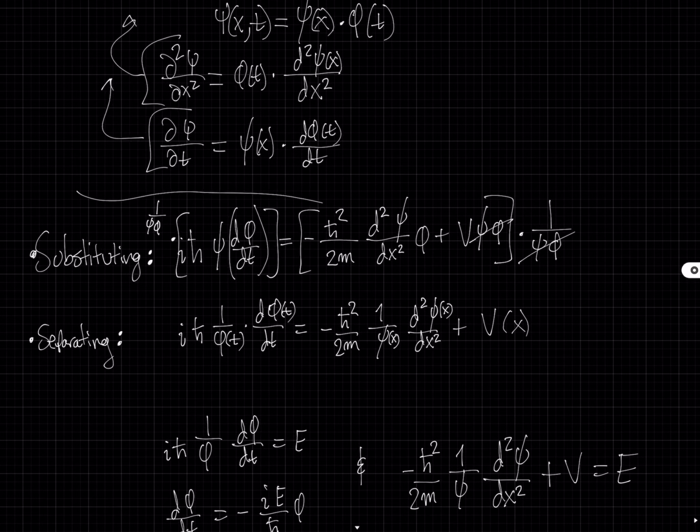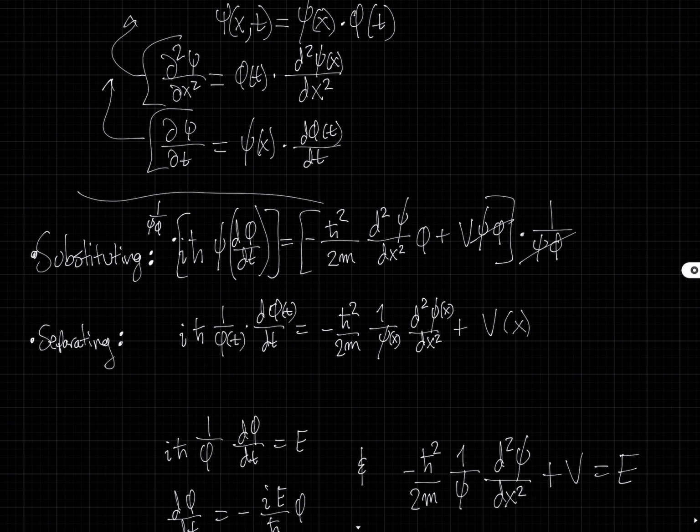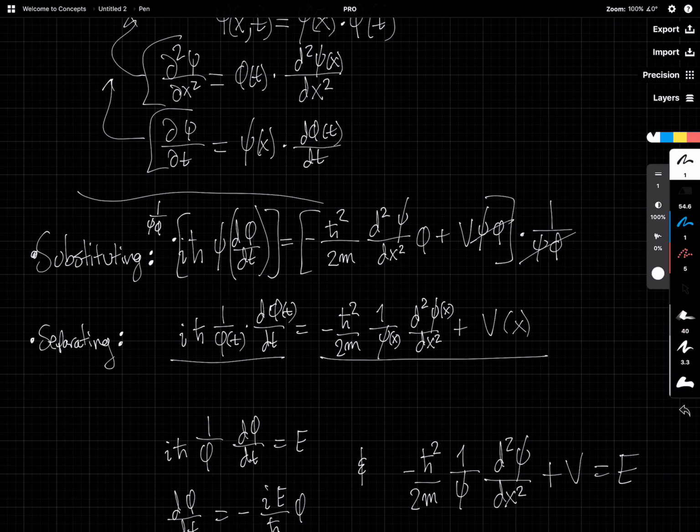So what do we have here? Now, unlike before, we have one variable on each side of the equation. We have the position dependent form, and we have the time dependent form.